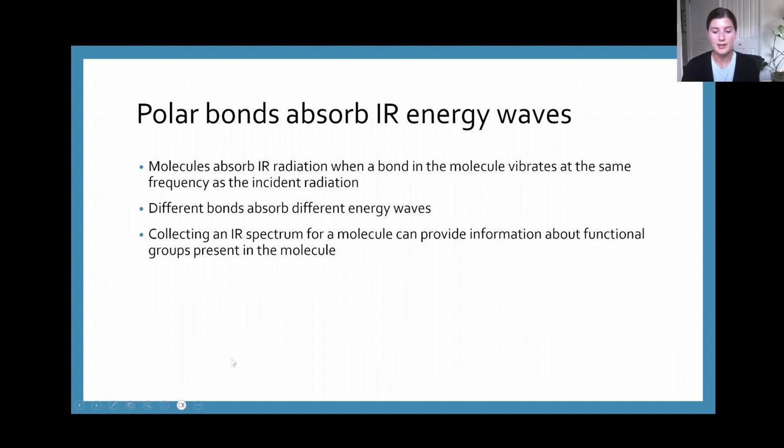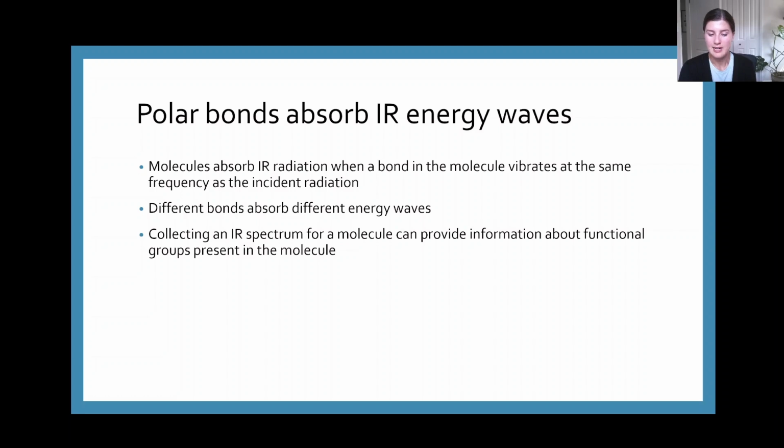And so polar bonds absorb IR energy waves, or IR radiation, when a bond in the molecule vibrates at the same frequency as the radiation that it's exposed to. So different bonds will absorb different energy waves.